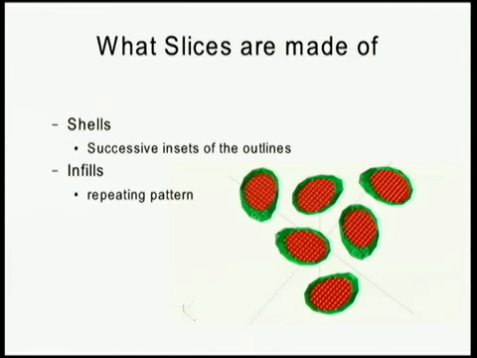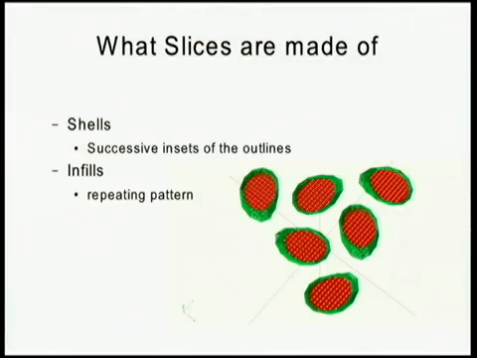What does a slice look like? The image here shows a slice of the little 3D knot example. And what you see are the shells, which are the contours of all the elements, which are made of successively insetting the outline polygons.